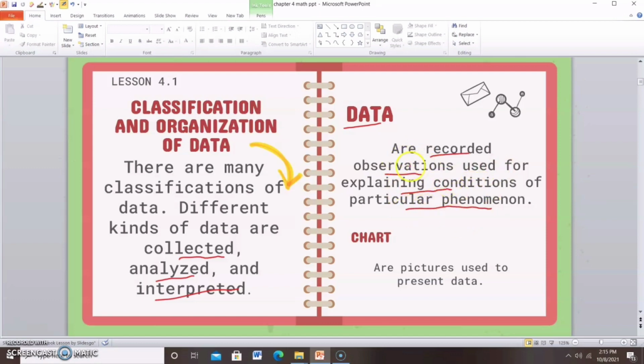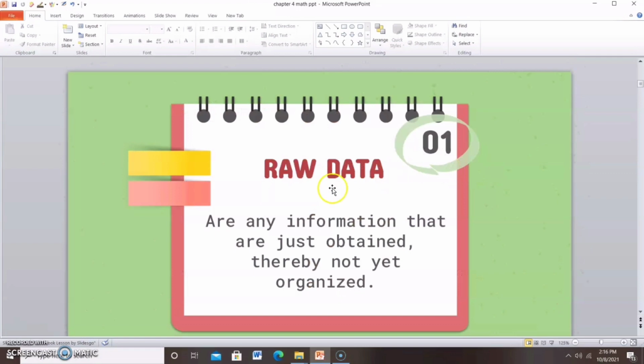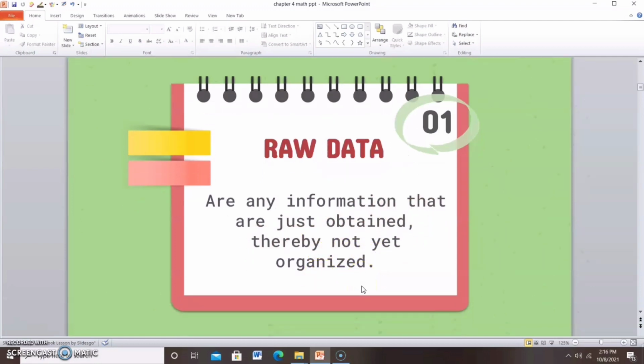This is also the facts and statistics combined together. Under the data is the chart, a picture used to present data. Another one is raw data, which is any information that is just obtained and not yet organized.